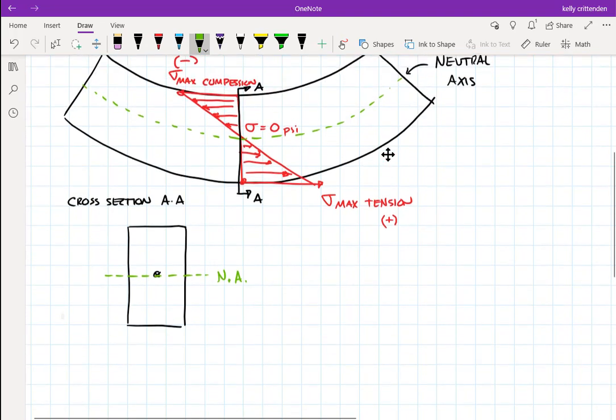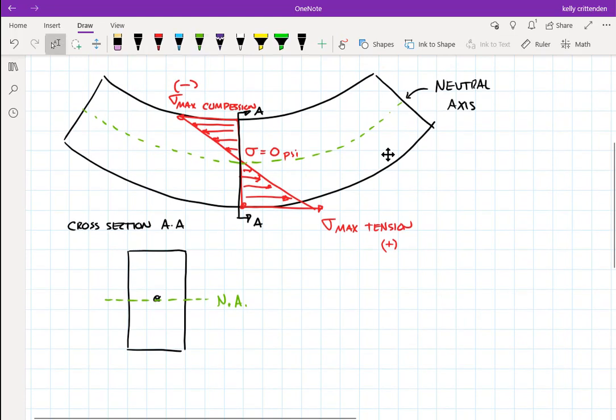For one thing, if I know where the neutral axis is and this stress profile is linear, like I've drawn it here, a straight line, then I can figure out how much stress there is if I know information at certain points. We'll get into the stress calculations maybe later in this lecture a little bit.